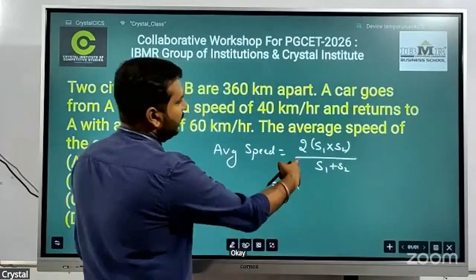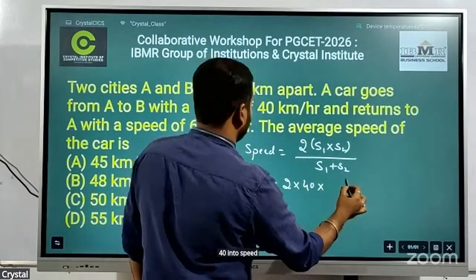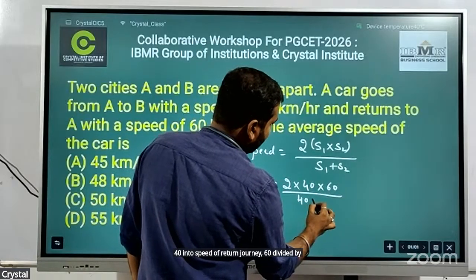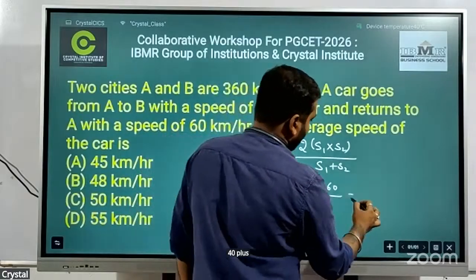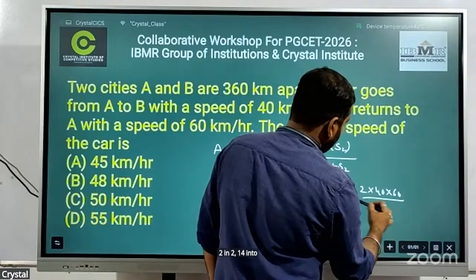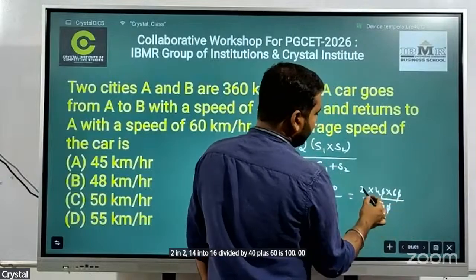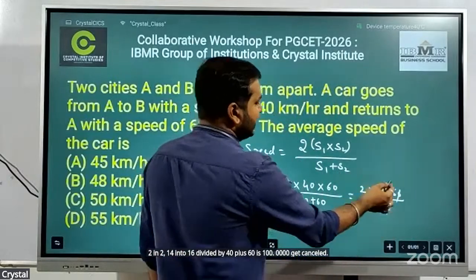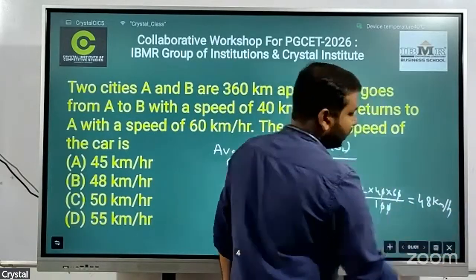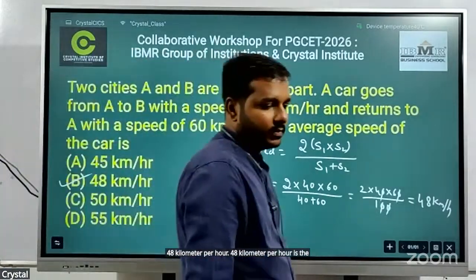So 2 into 40 into 60 divided by 40 plus 60, which is 100. The zeros get cancelled. 2 fours are 8, 8 sixes are 48 kilometers per hour. 48 kilometers per hour is the right answer.